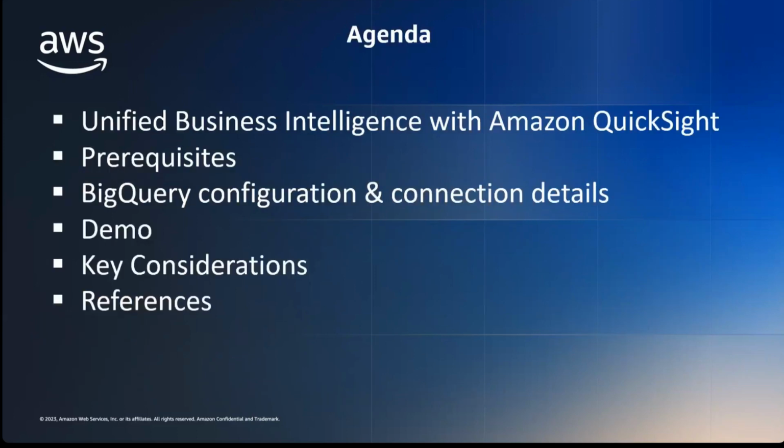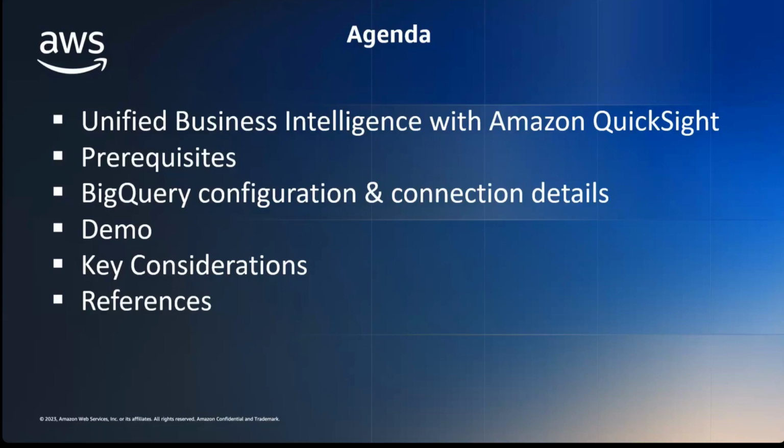Okay. So for the agenda today, we will go through a quick overview of how BI authors and developers can use QuickSight, a unified modern BI solution, to author the entire experience from connecting and prepping data, building dashboards and insights, which can be delivered in multiple forms, including interactive dashboards, paginated reports, the Q natural language queries, and also embedding, right?